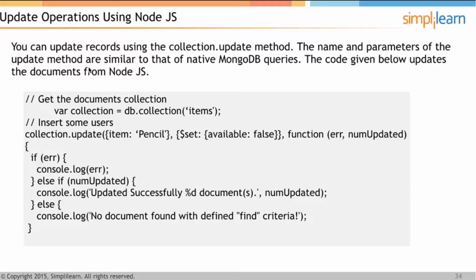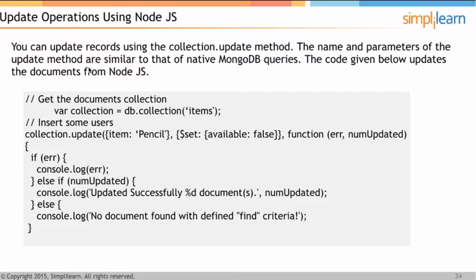The second parameter is a function, which again has two parameters. The first is an error, and the second is actually num, the number which got updated. If the function returns an error, you do console.log with whatever error comes, so that I should see that error on the screen.